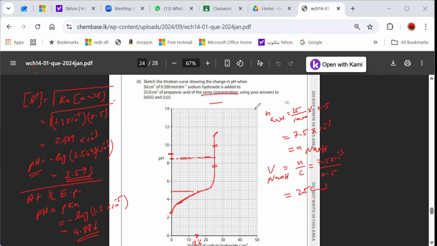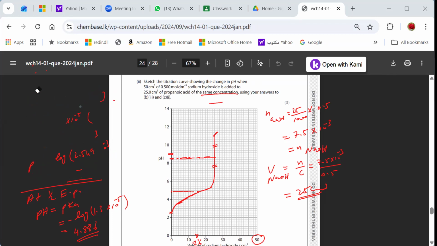Now, what will be the pH at the end of the solution? This is what I wanted to tell you. How do we get the pH at the end when they added 50 cm cubed? We know that the volume at the equivalence point is 25. Do you understand all these parts?